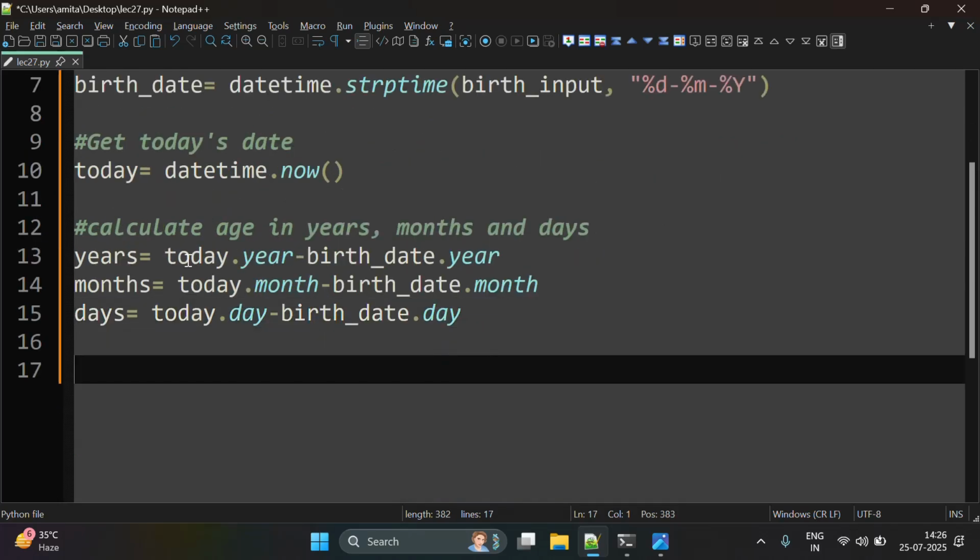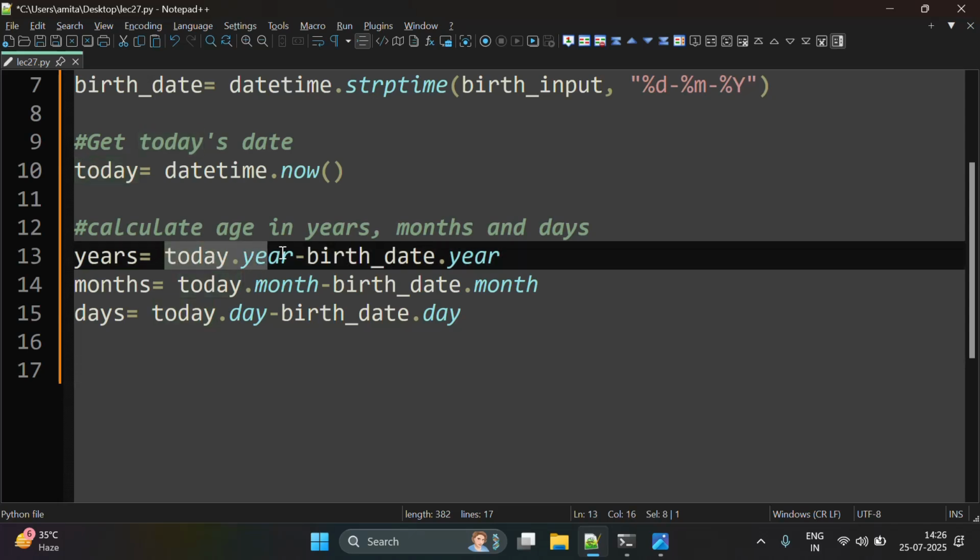So we just subtracted the user's birth date year from today's year, and so on like this for month and day.